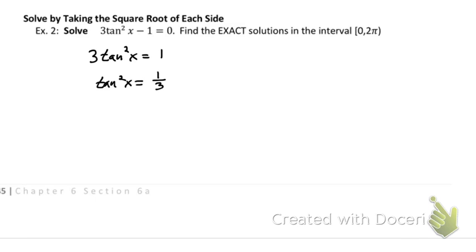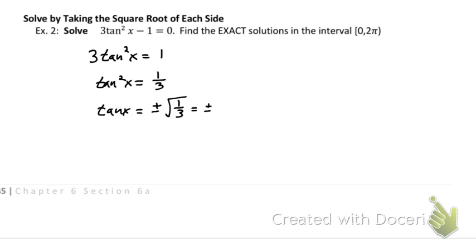Then when I take the square root, we have to remember what we did in the bell work. You have to have plus or minus. So we're going to have tangent of x equals plus or minus the square root of 1 over 3. We can simplify that. Square root of 1 is 1.